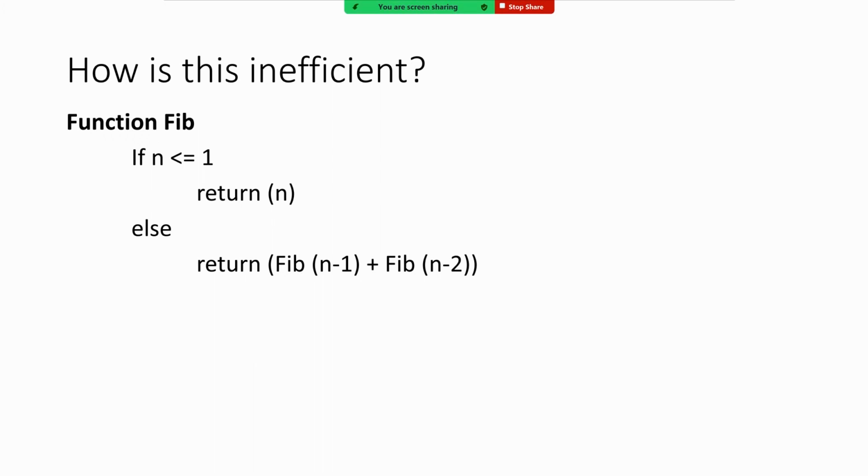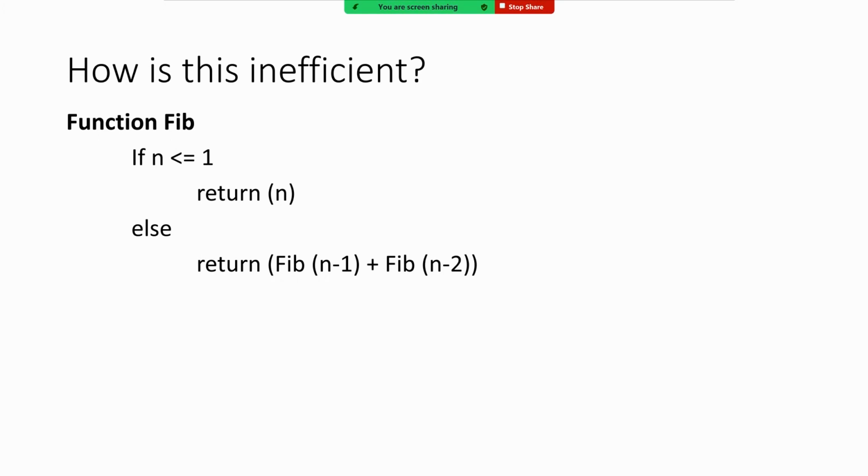So here's a very basic, very simple, very elegant, very graceful formulation for generating the Fibonacci series all the way up to the number n.